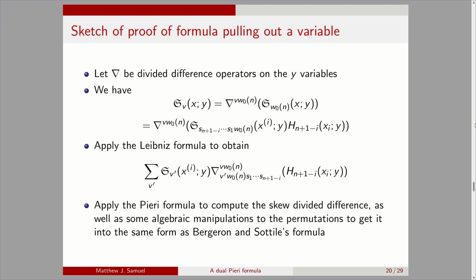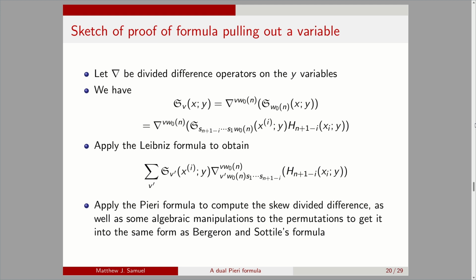It's S_{n+1-i} down to S_1 times W0 of n, with x omitting i and y, and h_{n+1-i} of x_i and y. So we're applying a divided difference to this.